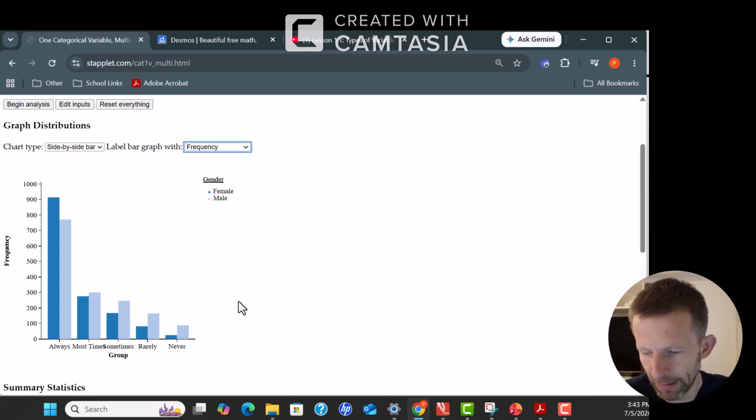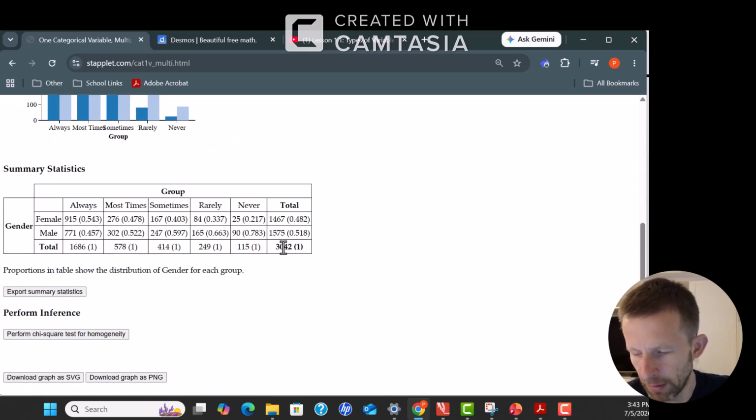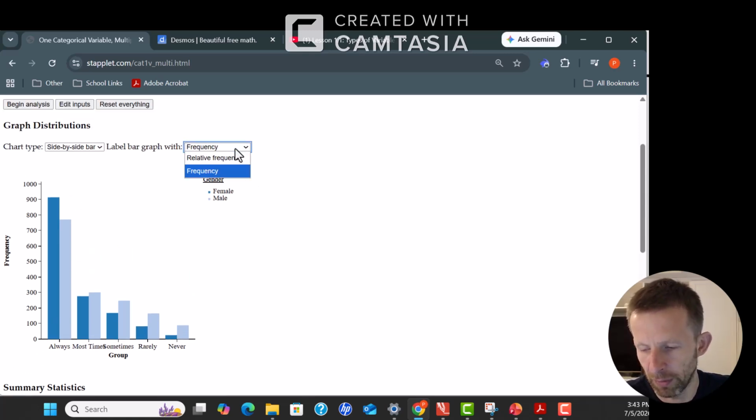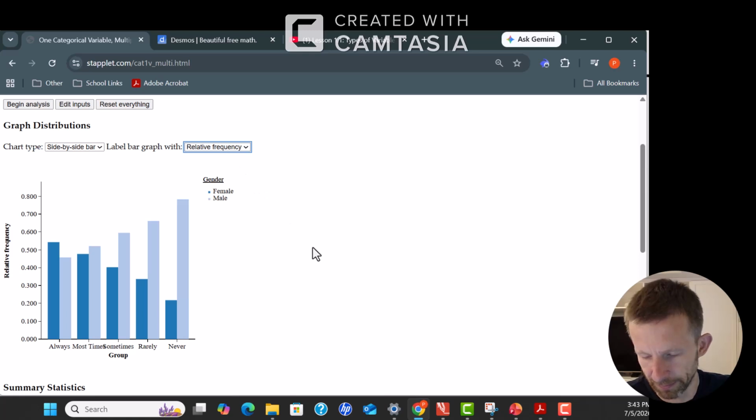So you can see that for females, it's the only category that is greater than males. Although there are more males than females, in spite of that, more females always wear their seatbelt compared to males. Now, if we look at relative frequencies.